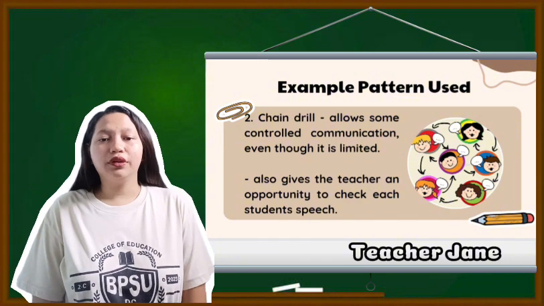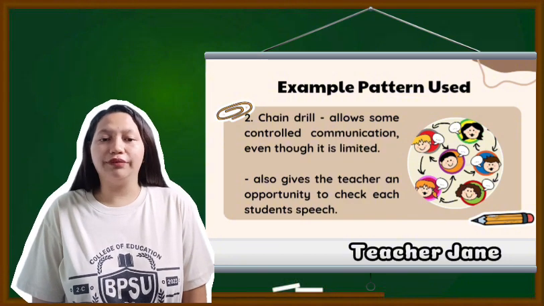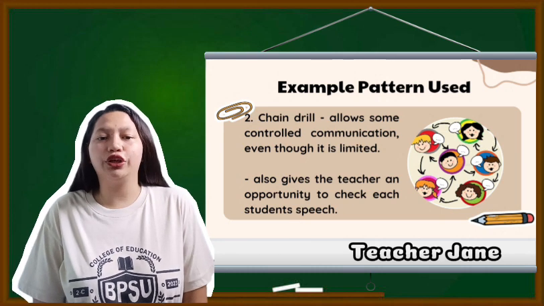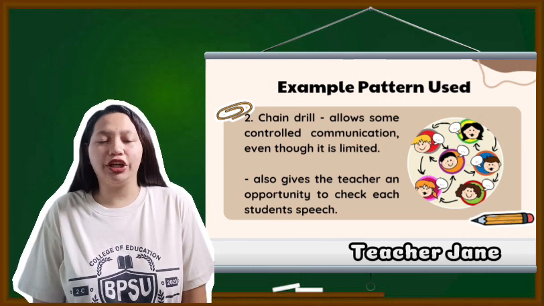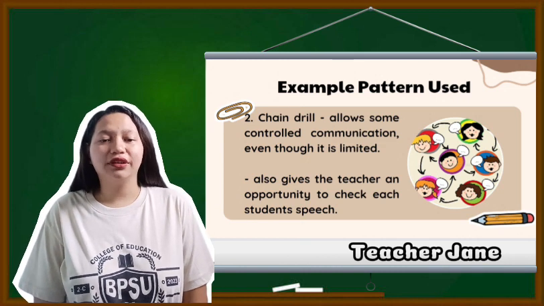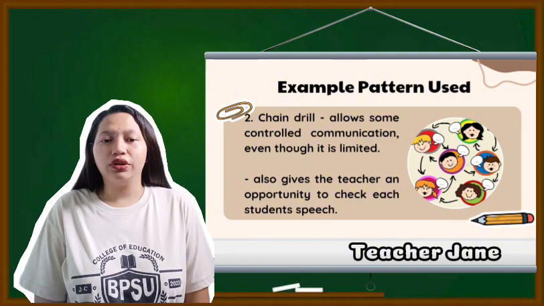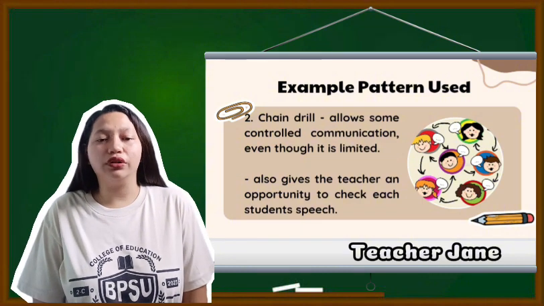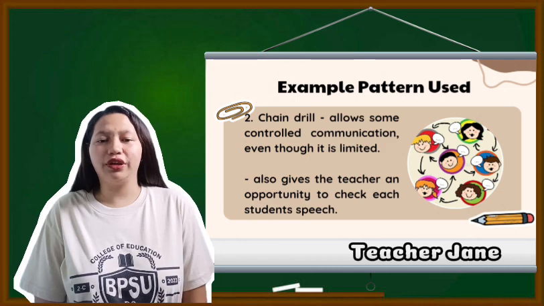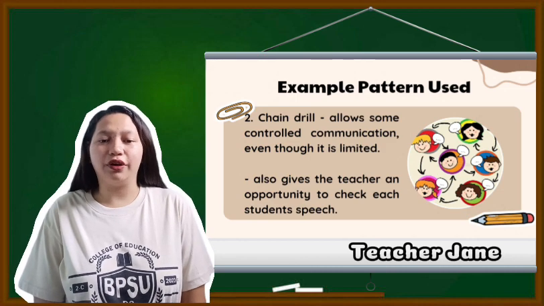The teacher begins the chain by greeting a particular student or asking him a question, then the second student, and then the chain continues. Example, teacher: where is the cat? Student 1: the cat is under the table. Student 1: where is the cat? Student 2: the cat is under the table.